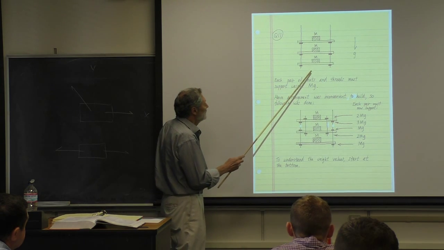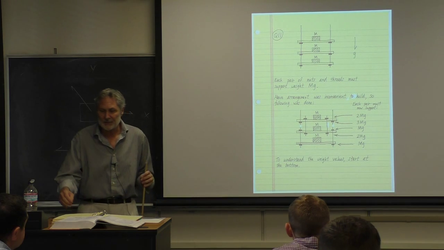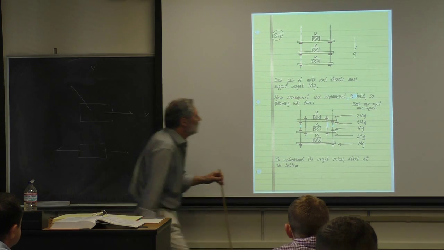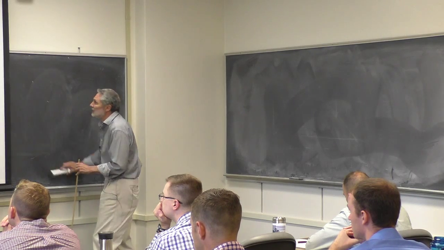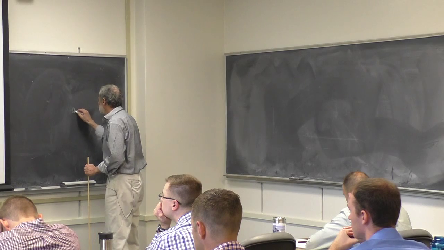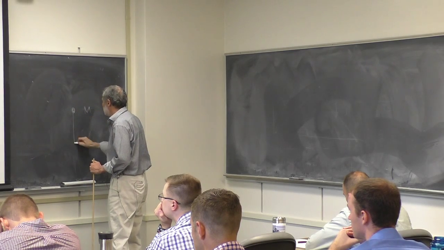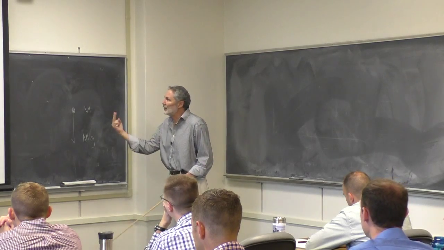So, question here. What's going to be the tension? What does each of these balconies have to support here? Well, you can see if we draw a force diagram, let's say for this one down here, we've got this mass M. There's going to be weight mg. And what do we have counteracting that?